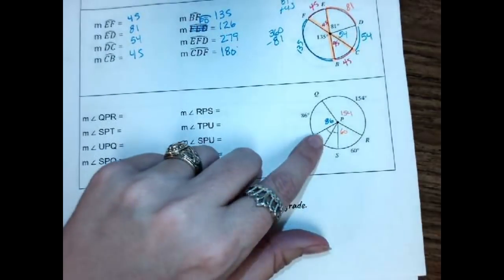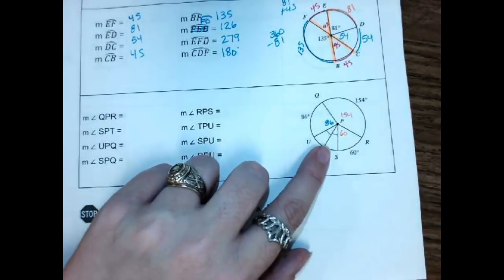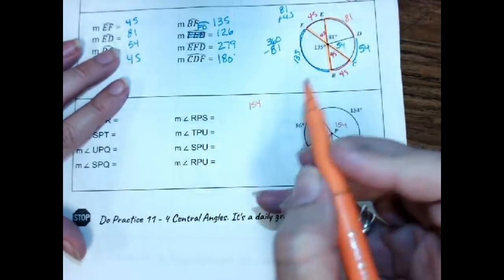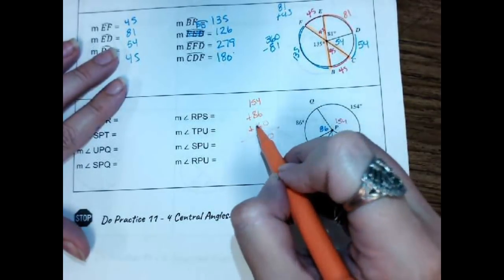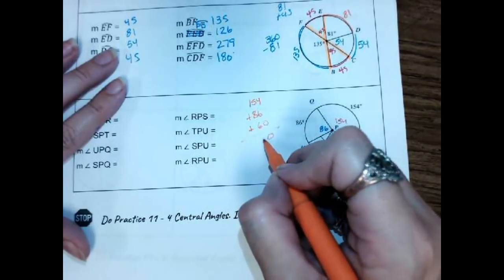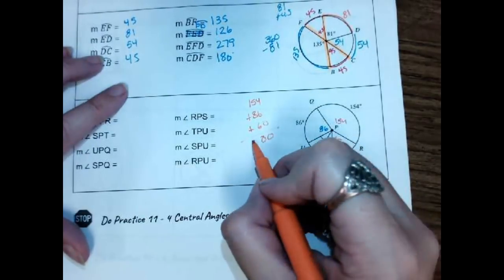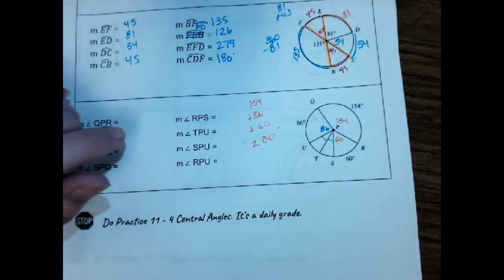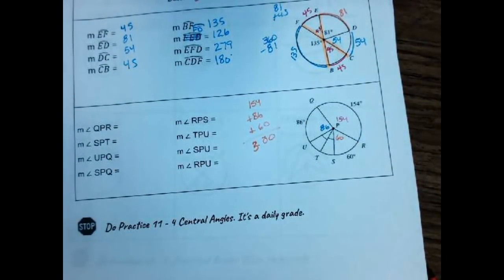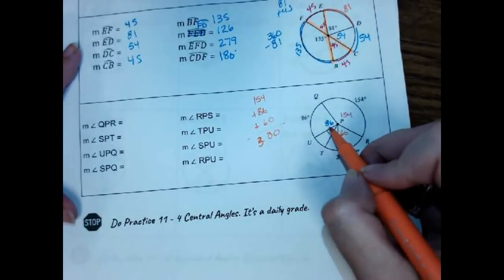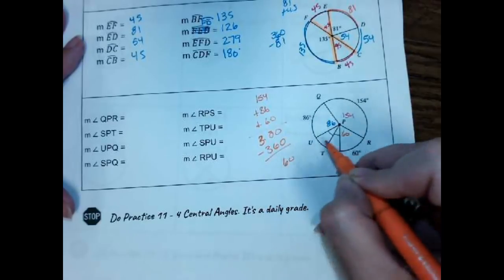Now, how are we going to find these two here? Well, if I add all the way up, they should add up to 360. So I add those up, and I find that these three add up to 300, and I subtract from 360, and I get that together these are 60.